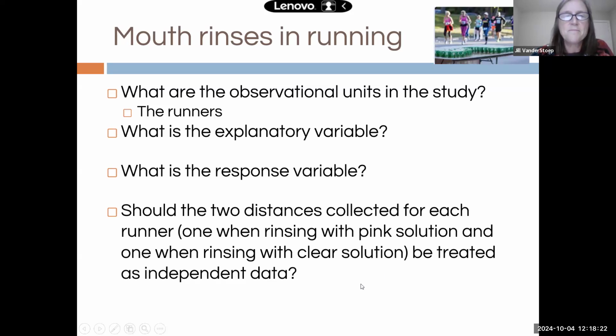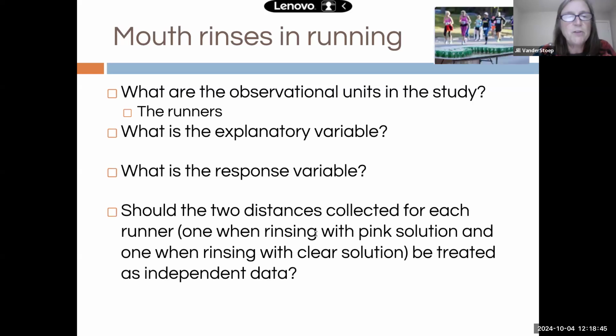And what is the explanatory variable that is measured? Don't hit enter yet, but just go to your chat. And hit enter. Yeah, the color of the rinse, the drink type, that's the explanatory variable, exactly.